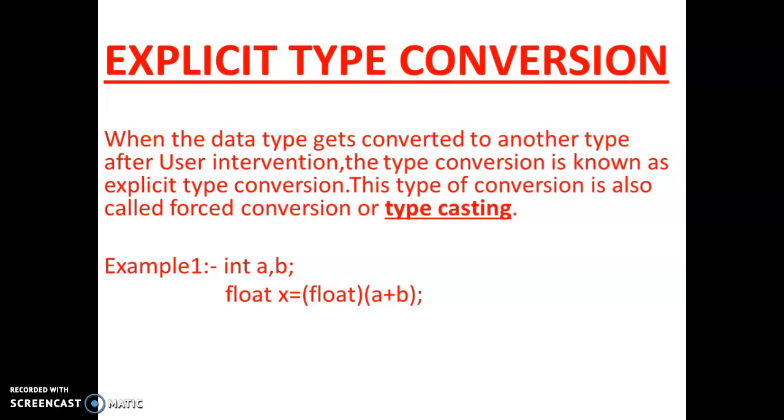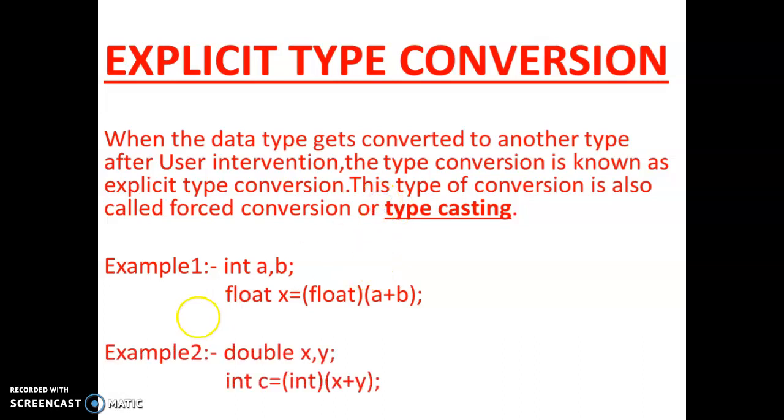Okay, let me show you another example, then it will be clearer to you. Suppose there are two double type variables x and y. When we add x and y, double x and double y, we automatically get the result in double. But I want to change it to integer. So inside brackets I write int. After getting the result in double, the computer changes it to integer.